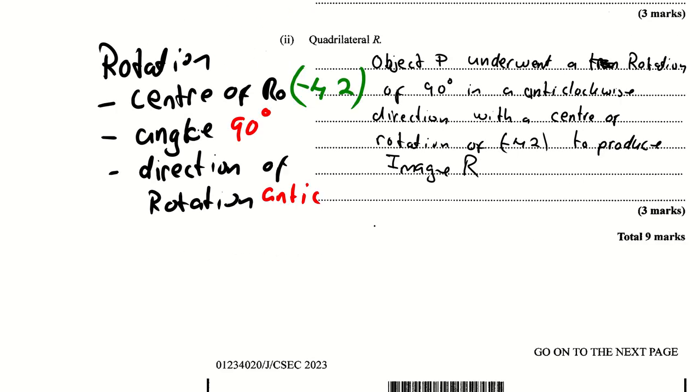If you are not good with making up the sentence, you can just say object P to image R was a rotation. The center of rotation was -4, 2. Angle of rotation was 90 degrees. Direction of rotation was anti-clockwise. And that was January 2023.